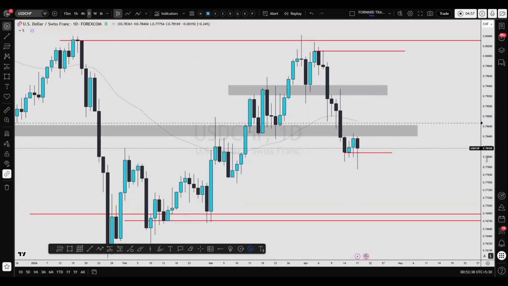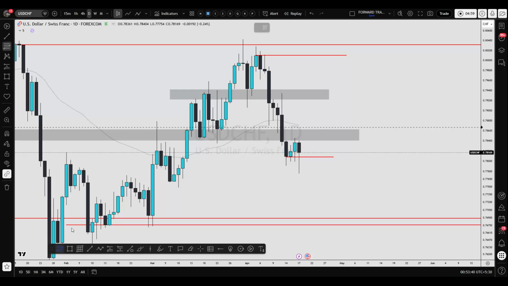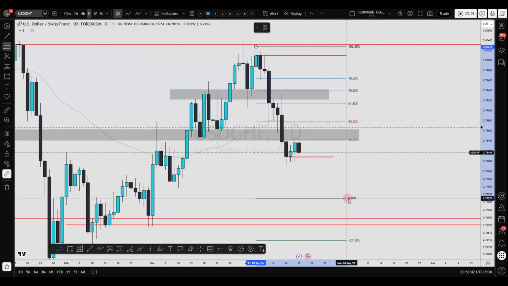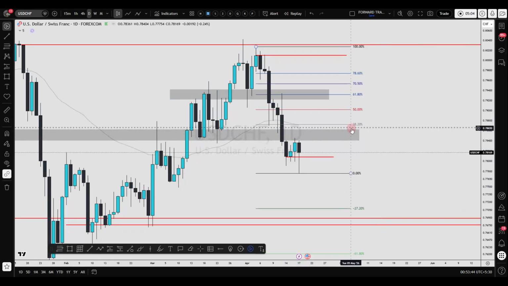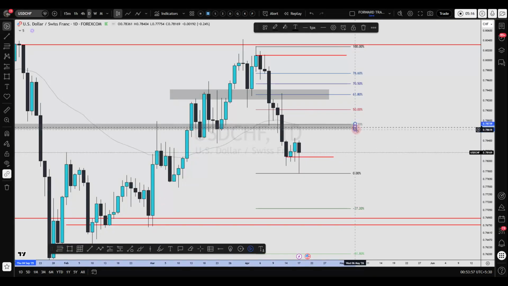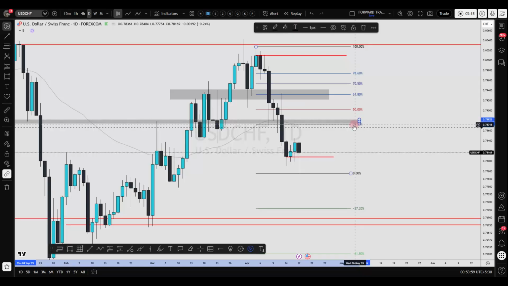In daily time frame, if we drop our Fibonacci on this last impulsive drop towards downside, this area is lining up with 38.2. Okay, we can adjust it. This is a MRZ definitely in terms of closing, but we need to consider something above 38.2.